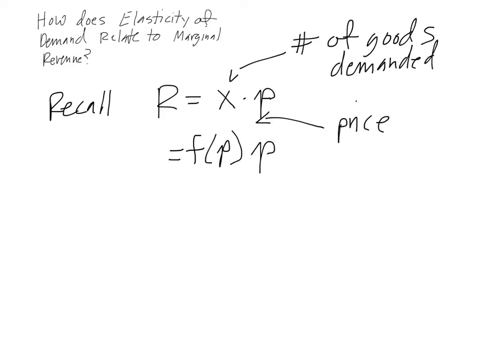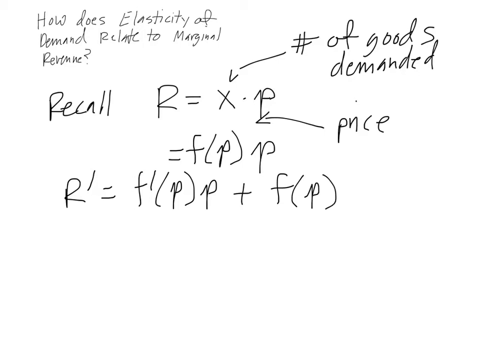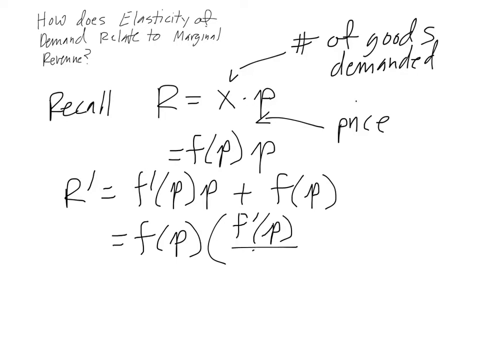And so if we take the derivative of R with respect to P, we use the product rule. You get f prime of P times P plus f of P times the derivative of P, which is just 1. Okay. Factor out an f of P. You have f prime of P, which didn't have an f of P, so when I factor it out, it ends up being divided through, and then times P plus 1.